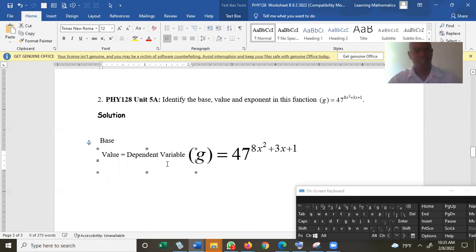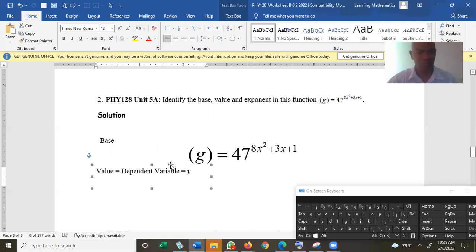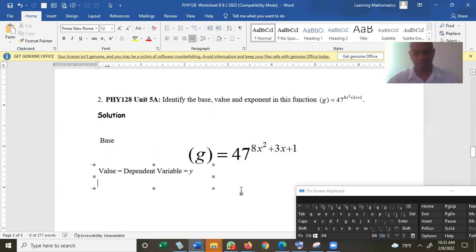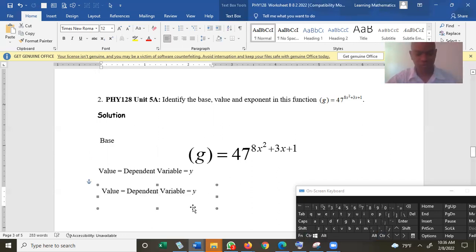And very commonly, it is denoted as y. The independent variable is normally denoted as x. But when you talk about the value of an equation, the value of a formula, we normally talk about the dependent variable. It's normally the subject of the formula. So please take note of those terms.